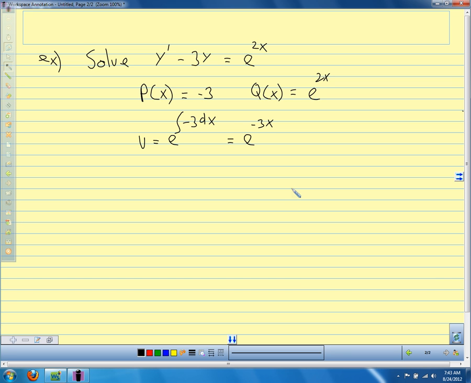So now we have everything we need to plug into our formula for the solution. So we plug that in, y equals 1 over e to the minus 3x times the integral of e to the 2x, that's my q of x, and I'll put this in parentheses, times e to the minus 3x, that's my u of x, dx.